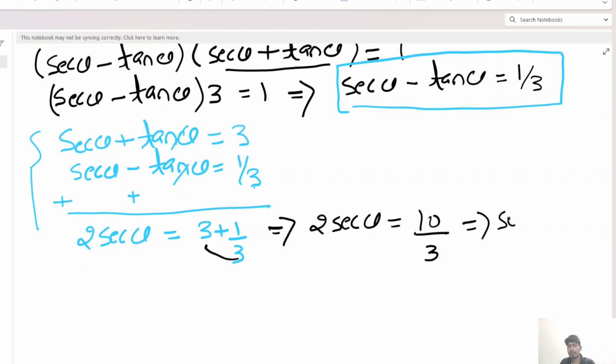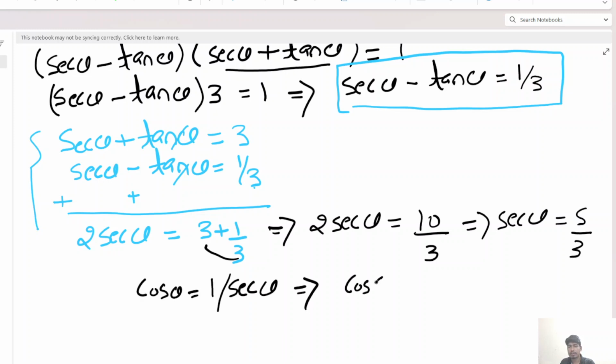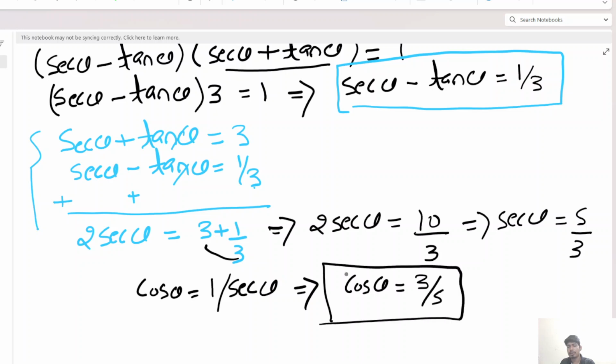Then sec theta is 5 upon 3. Okay, and we know cos theta is 1 divided by sec theta. It implies cos theta is 3 upon 5, and we know theta belongs to the first quadrant, it implies cos theta is positive. Okay, so this is the solution of this question.